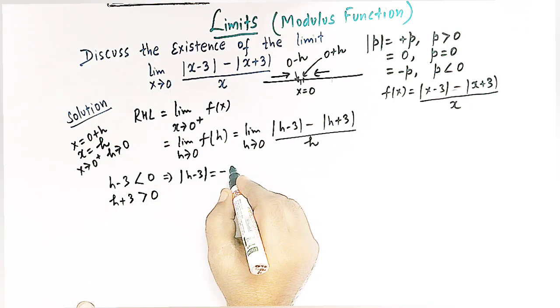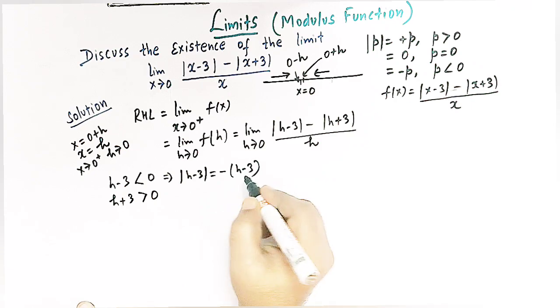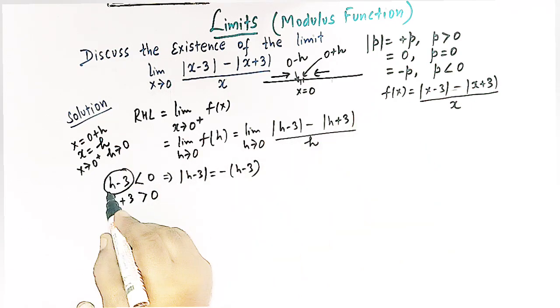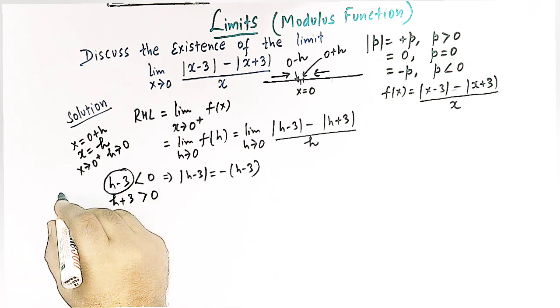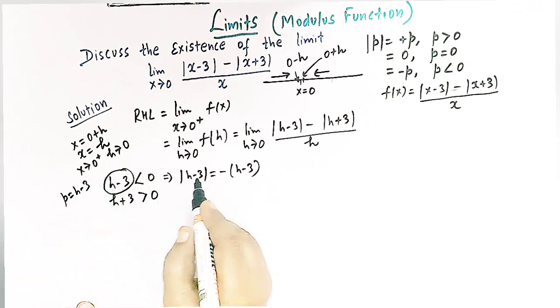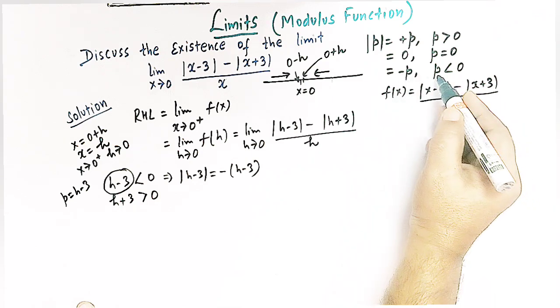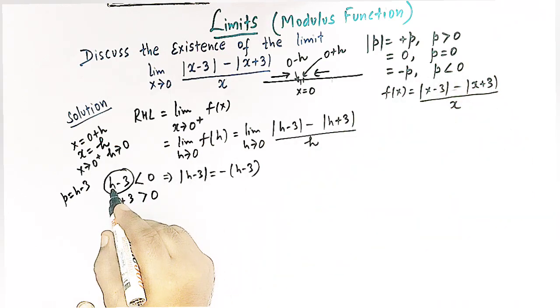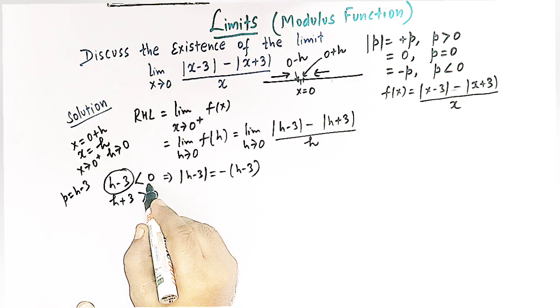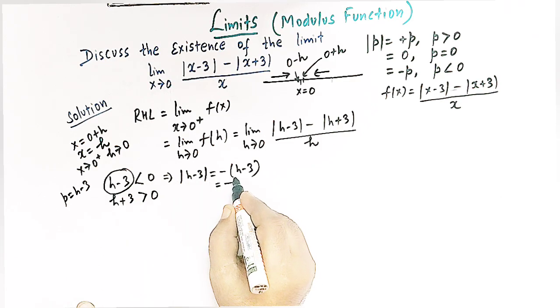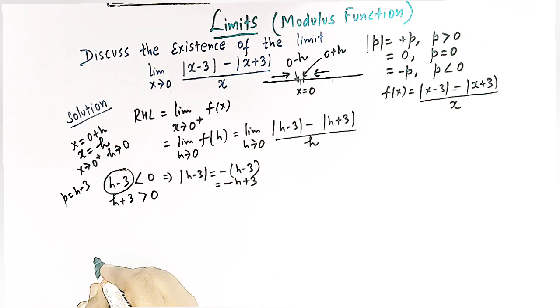mod of h minus 3 is equal to a negative of h minus 3, because if we take h minus 3 as p, then mod of p is equal to negative p when p is less than 0. So here h minus 3 is less than 0, so we have mod of h minus 3 is equal to minus h plus 3, right?